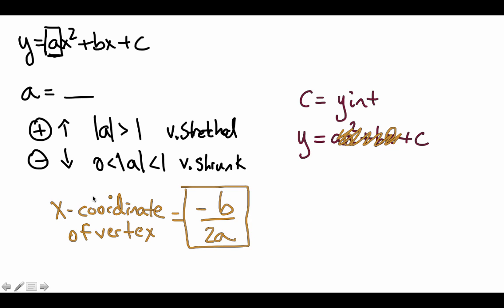So the x-coordinate of the vertex is always negative b over 2a. How do you find the y-coordinate of the vertex? Well, whatever this is, you plug it in for x and you solve for y. So let's take a look at how we use all of this information to graph a quadratic function.